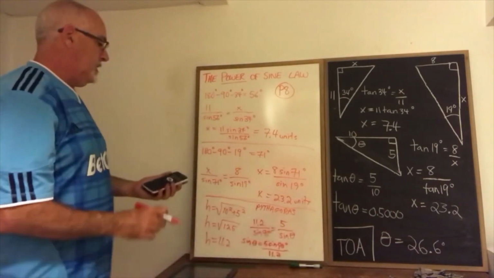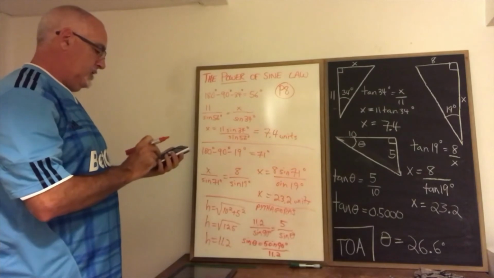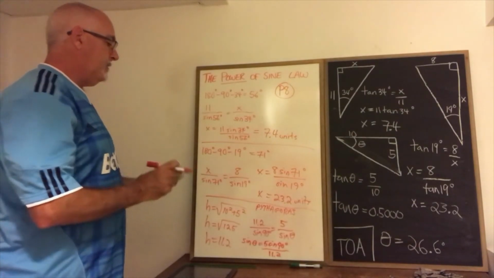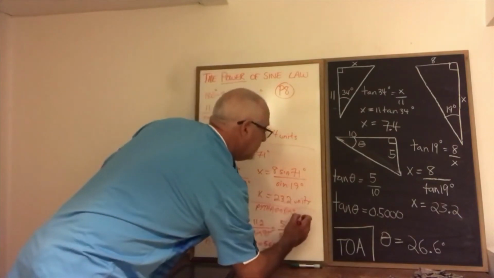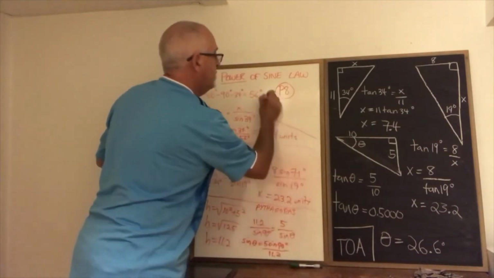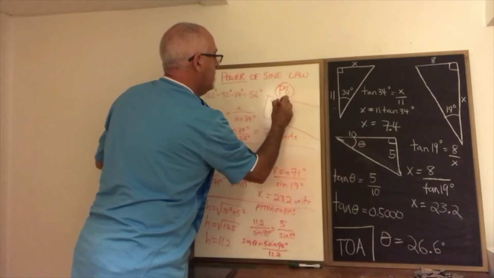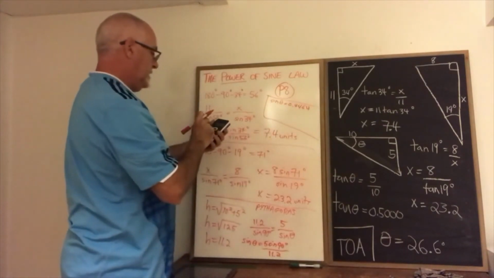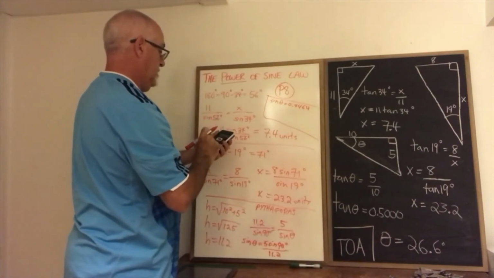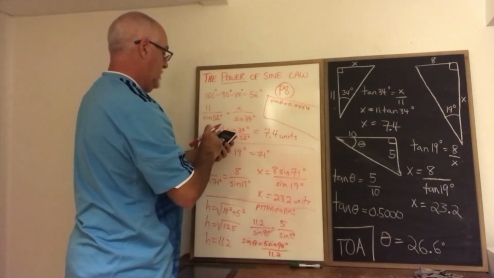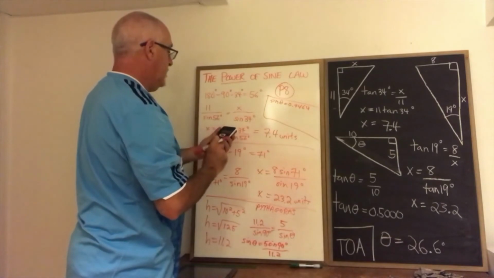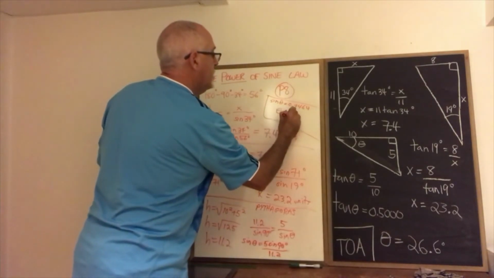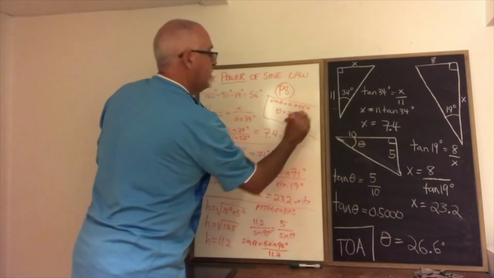So shortcut, 5 divided by 11.2, 0.4464. Sine theta equals 0.4464. So second sine of previous answer, 26.5. Theta ends up being equal to 26.5 degrees.